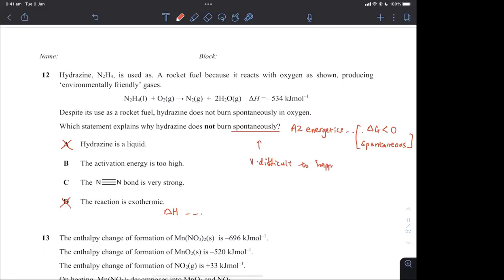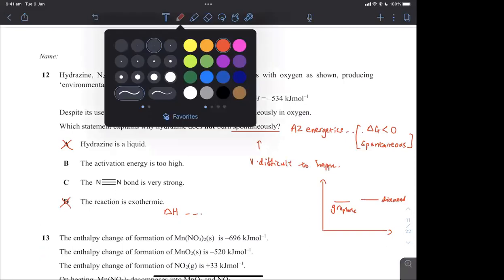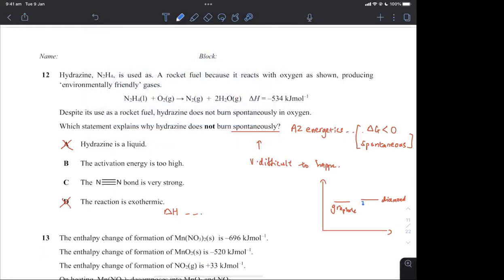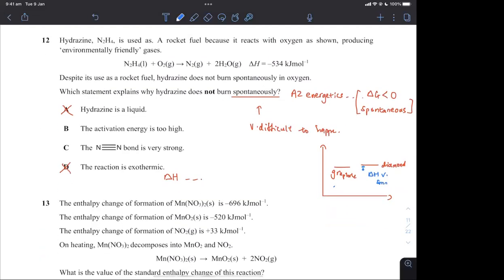Just like when you have graphite to diamond, you probably don't know that, but graphite is there. If graphite's energy level is there, diamond's energy level is very similar to graphite, very similar. So that enthalpy change is very small. But why in the world can we not get diamond easily from graphite?